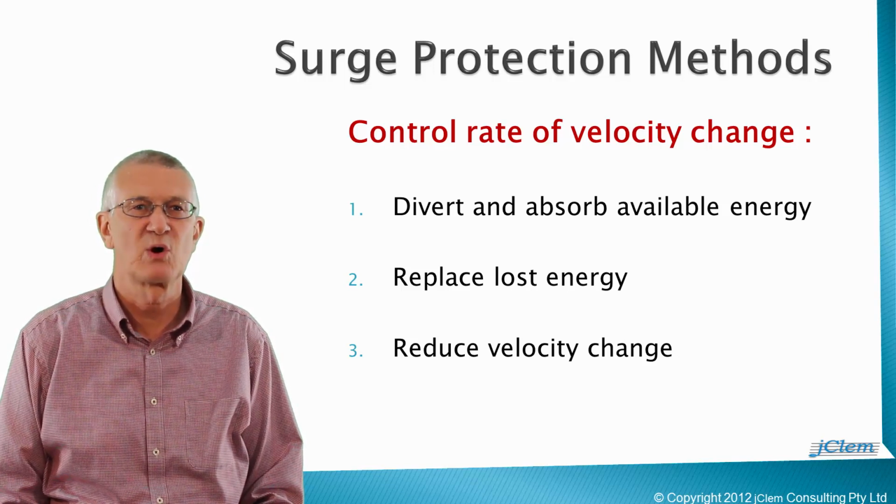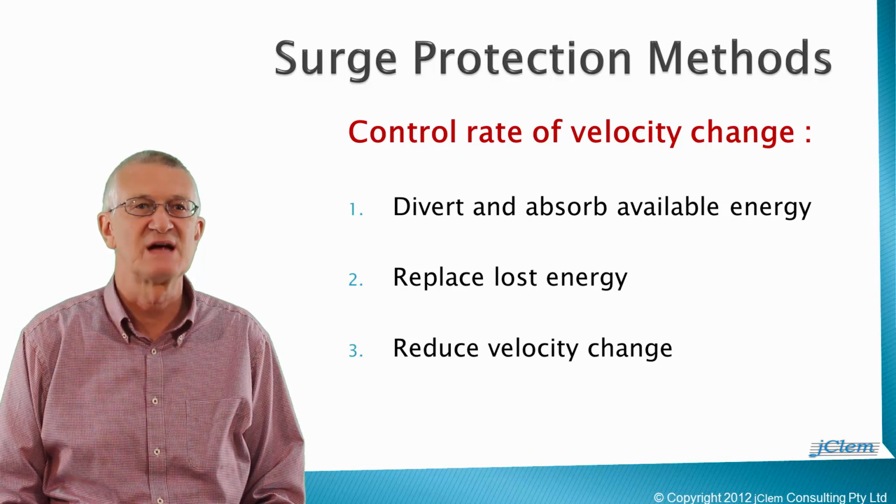Some systems may require lost energy to be replaced. For example, on the delivery side of a pump station after a pump stops or power fails to a whole pumping station. Replacing the energy that is no longer available from the pump motors with energy from another source extends the time taken for the fluid to come to rest, which reduces the rate of velocity change.